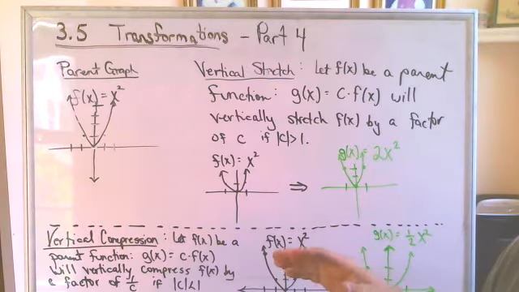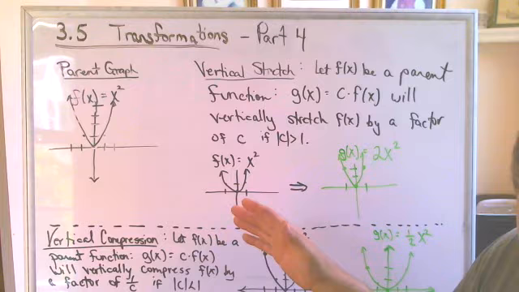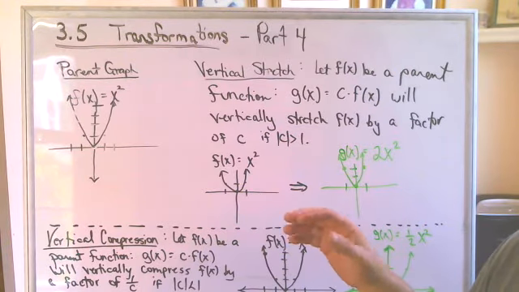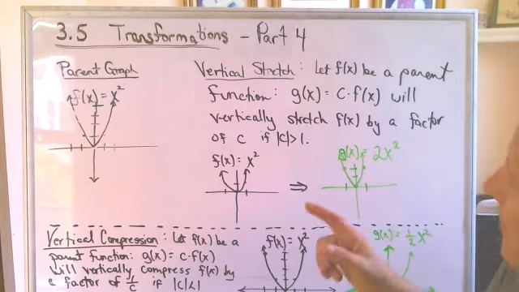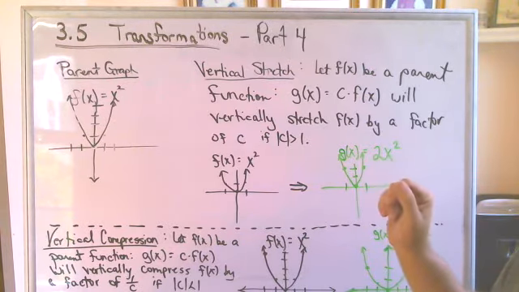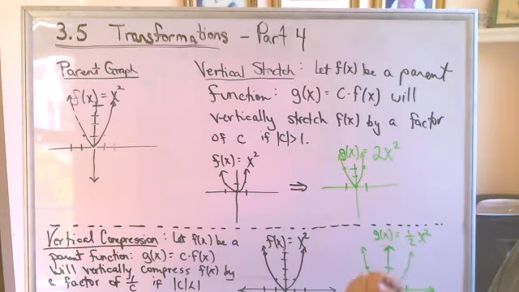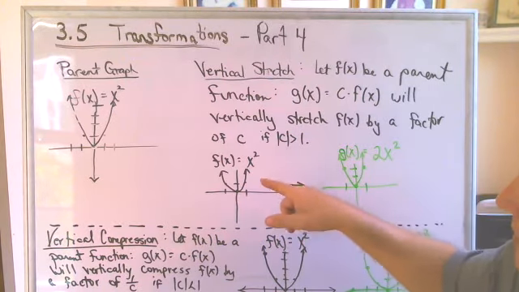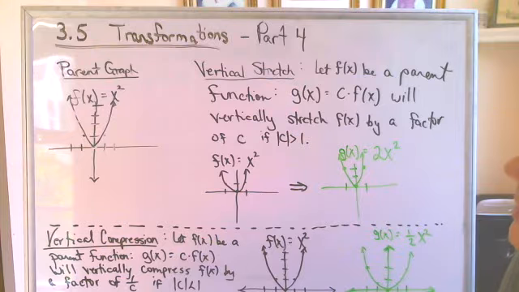So basically, the number in front is normally a 2, or 3, or 4, but usually 2. That's the number they usually put out there. So f of x equals x squared.